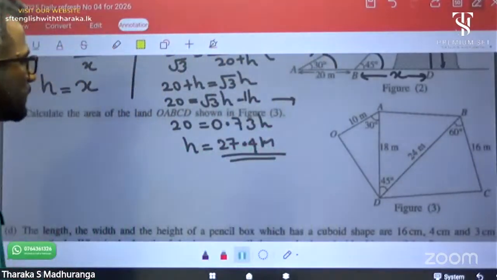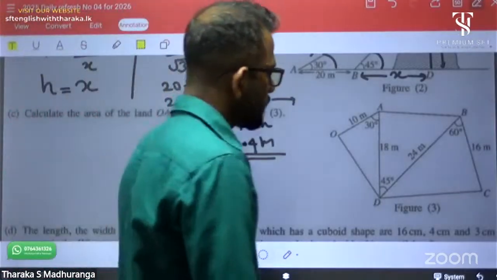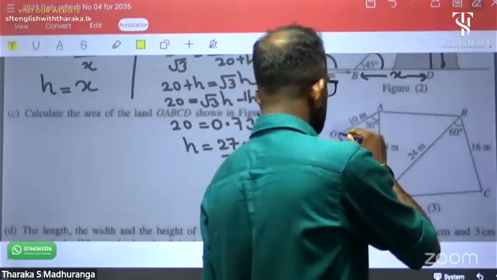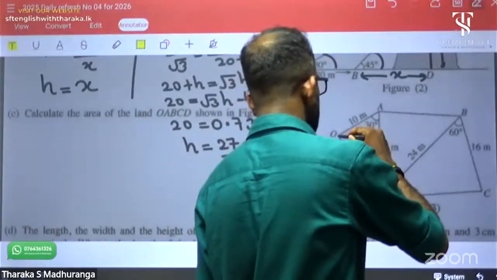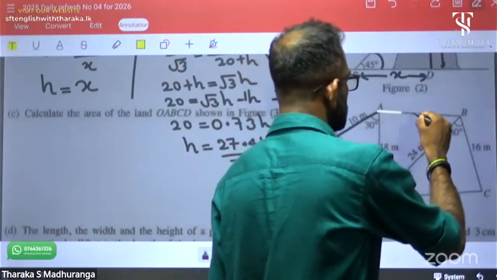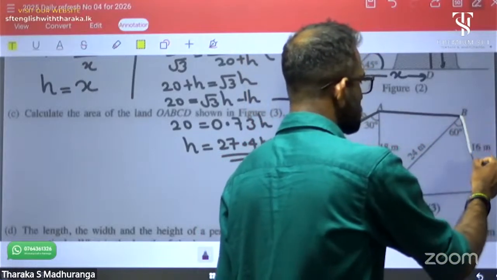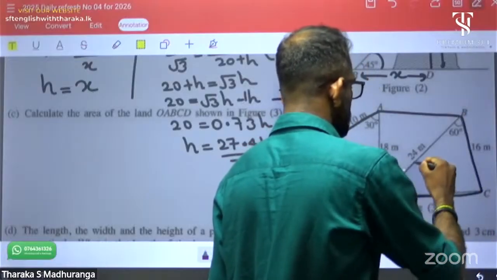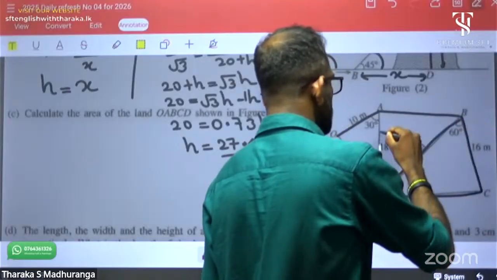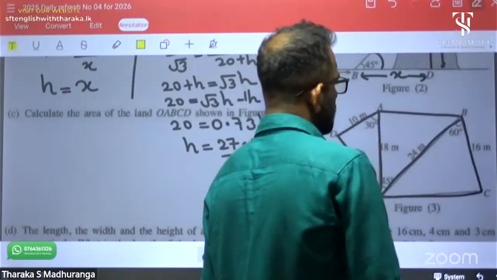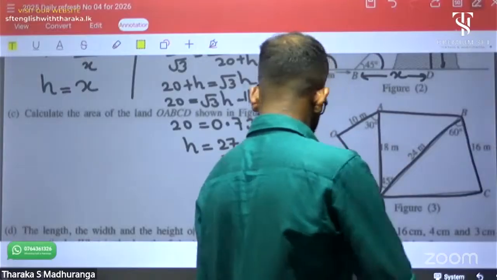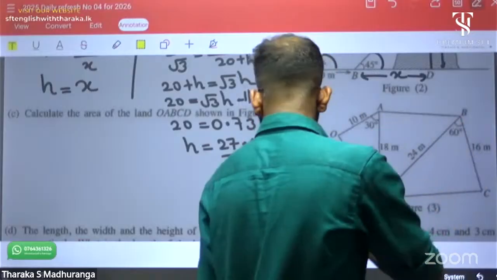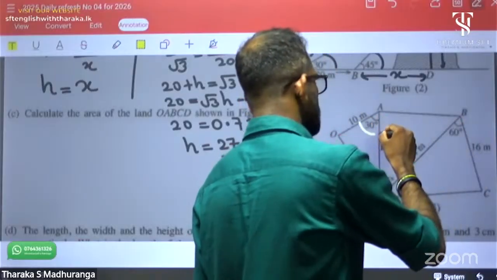OABCD means it has three triangles, and this angle is 30.